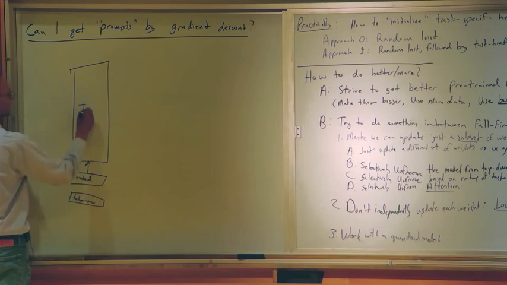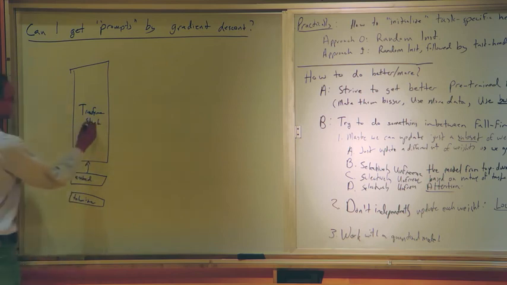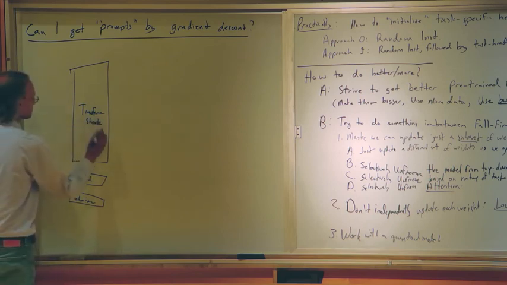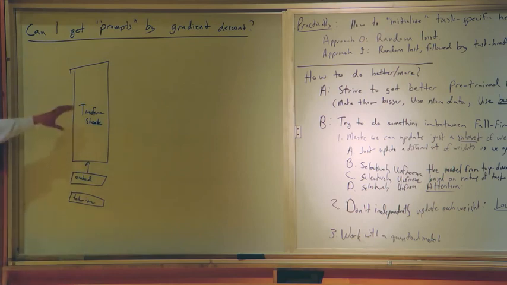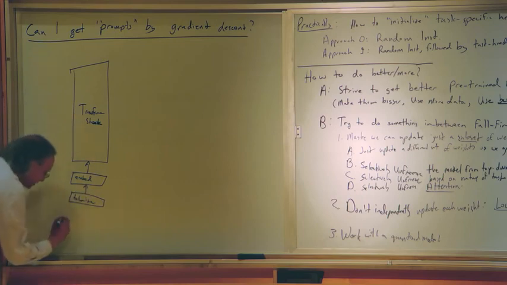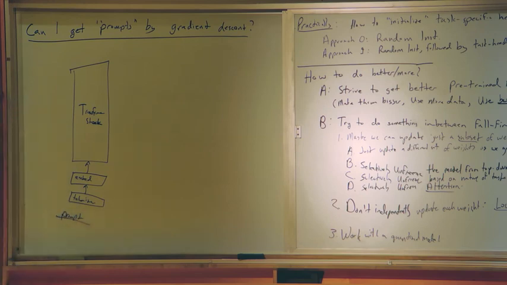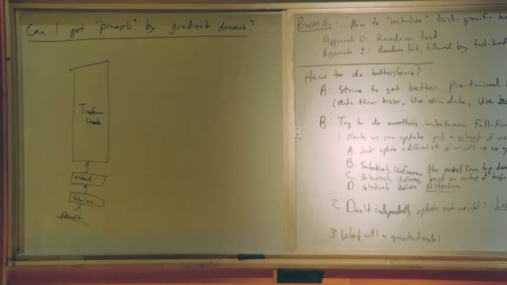And then I have a transformer stack, which is layer after layer after layer of attention, and so on. So the prompt is an English string here. It goes to a tokenizer, and then to the embedder.